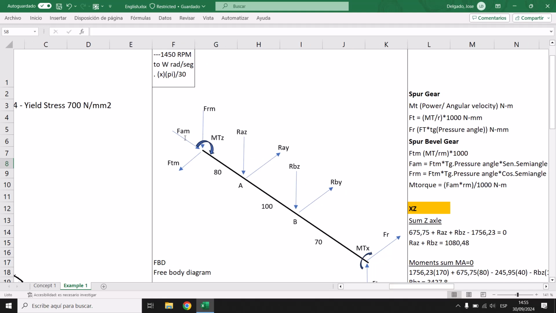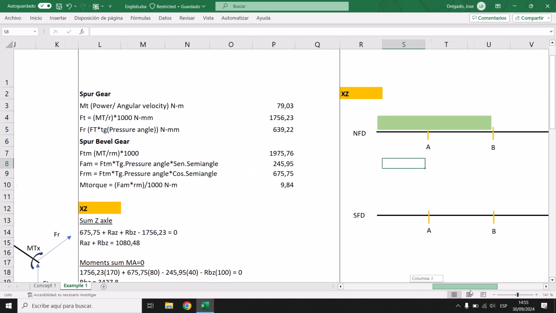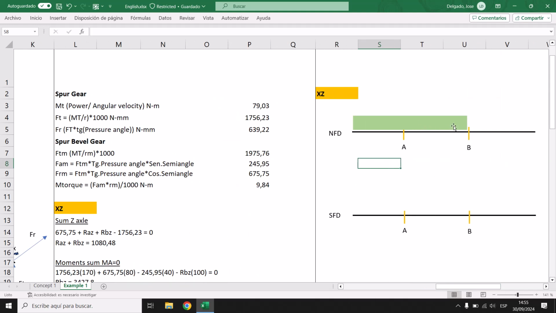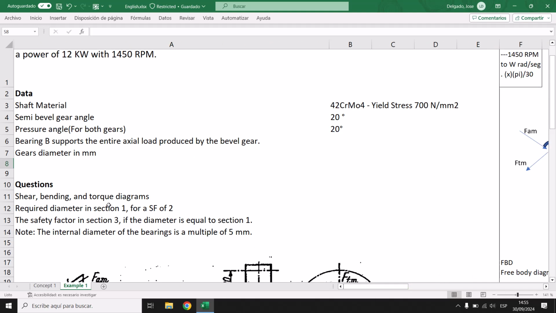Remember, we have an axial load in every cross section of your shaft. So we're going to start with this, just until B. Remember, this is something that our problem says: bearing B supports the entire axial load produced by the gear.